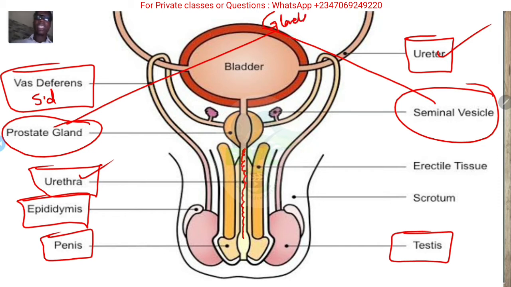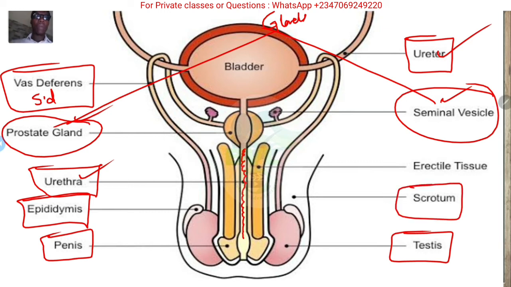For the KS3 curriculum and GCSE, it's not necessary you know each of these names, but for any other person watching this, or for knowledge's sake, there's nothing wrong in you knowing this. And of course, this is the scrotal sac.